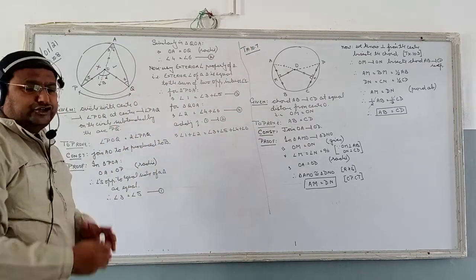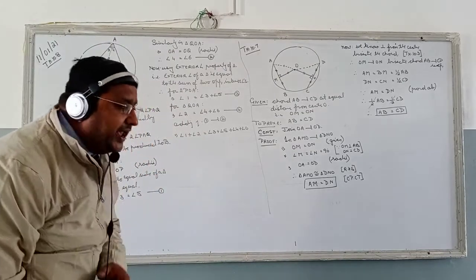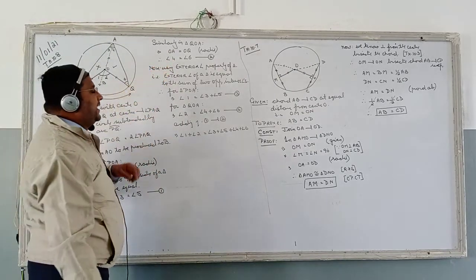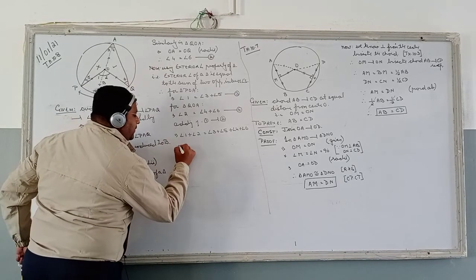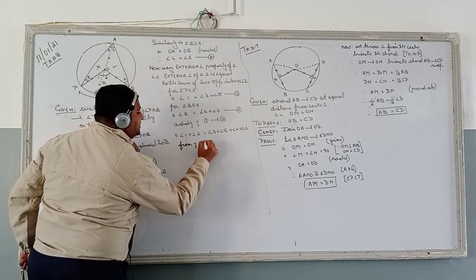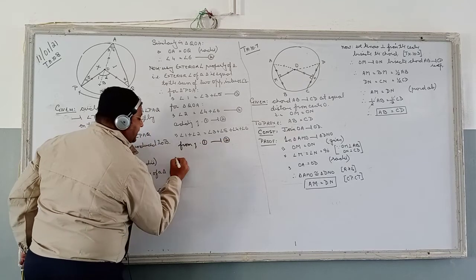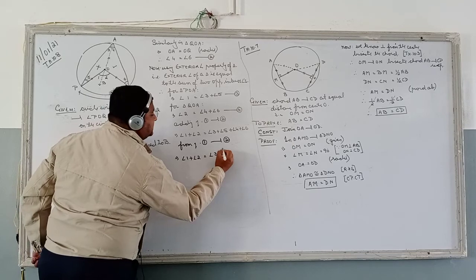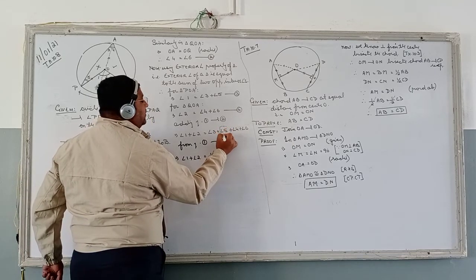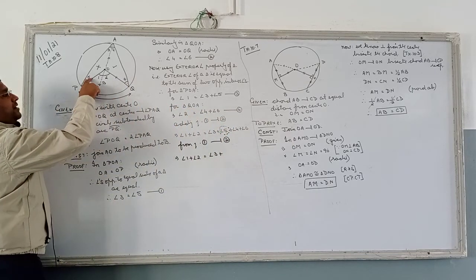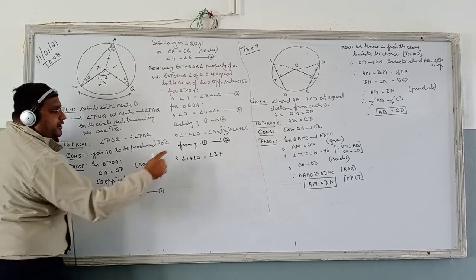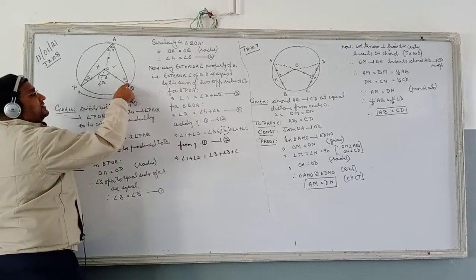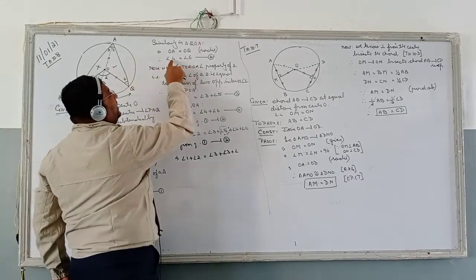Right? Now check from equation first and equation number second. Angle 1 plus angle 2 is equal to angle 3 plus angle 5 plus angle 4 plus angle 6. We don't want angle 5, but 5 is equal to what? 3. In place of 5 we can write angle 3. We don't want angle 6, but in place of angle 6 we can write angle 4.